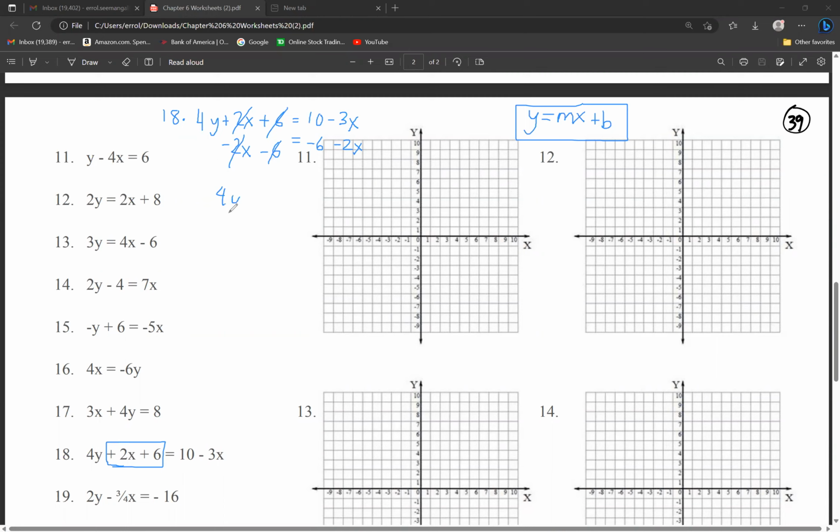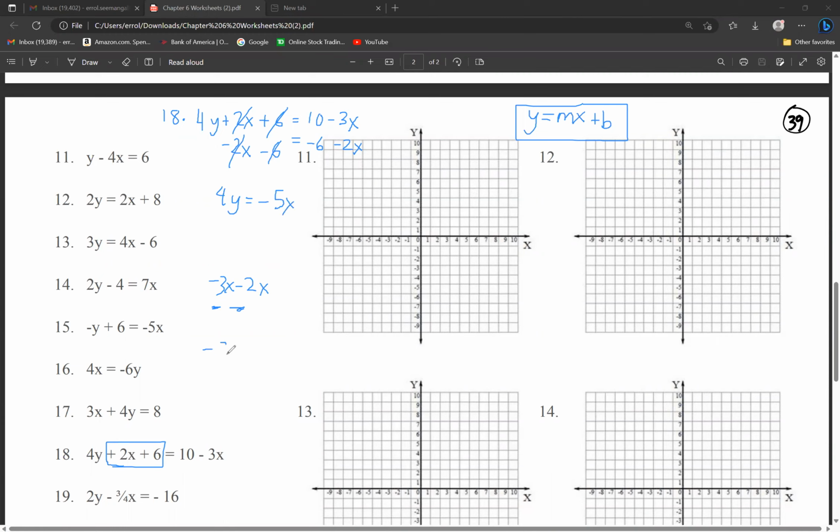So what do we have? 4y equals what? What's negative 3x minus 2x? You lose $3, then you lose $2. How much are you down? Negative 5x, right?